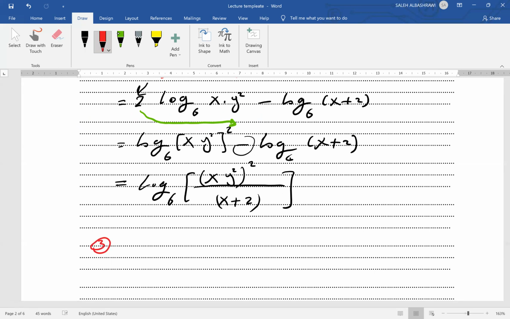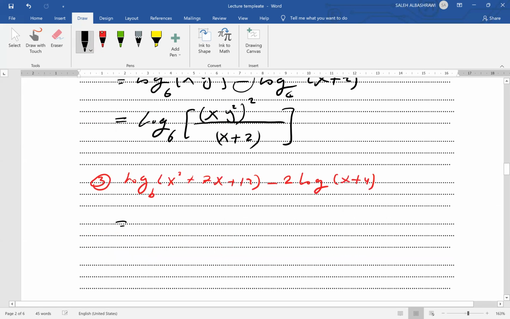For that we have log base b of x squared plus 7x plus 12 minus 2 log of x plus 4, and I want to write it as a single logarithm.